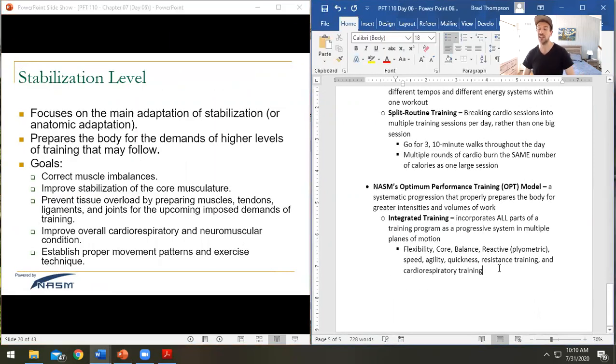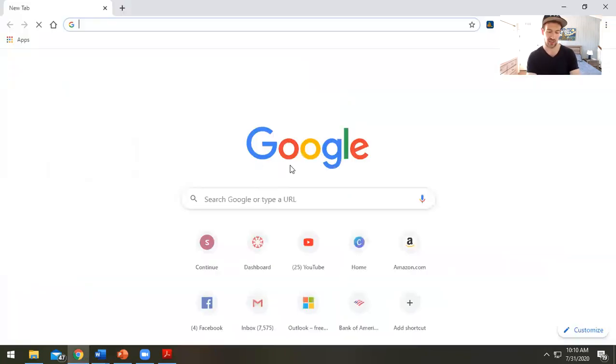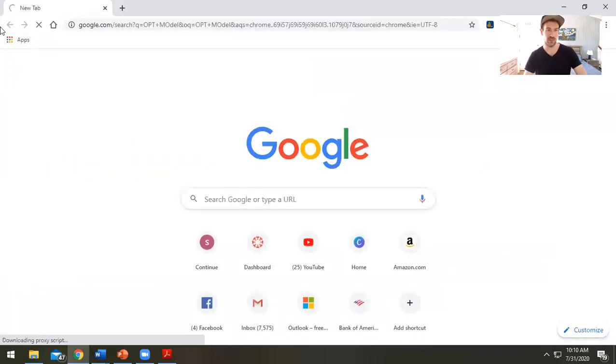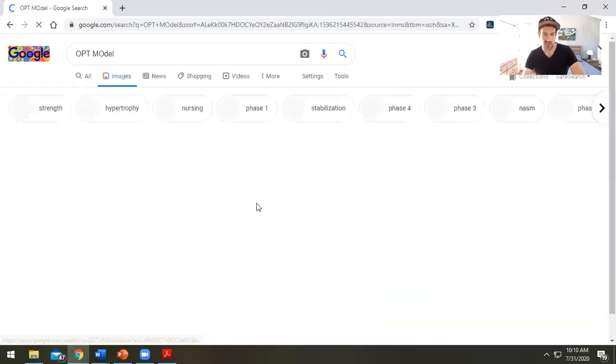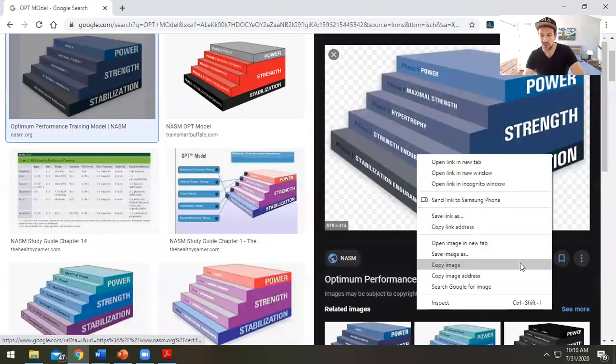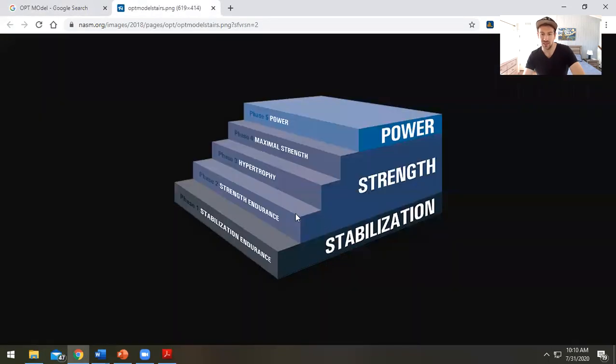And so we're going to take our clients through a progression, and you guys will recognize this, but the OPT model is basically this really cool little staircase that is broken into 3 levels: stabilization, strength, and power, and 5 different phases: stabilization endurance, strength endurance, hypertrophy, max strength, and power.